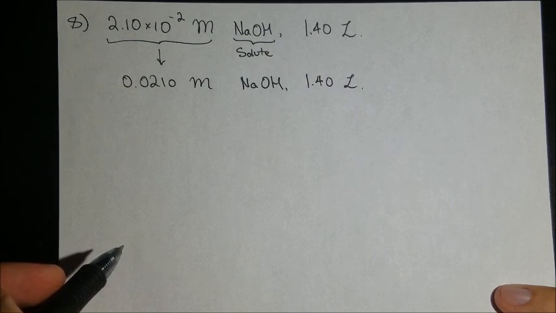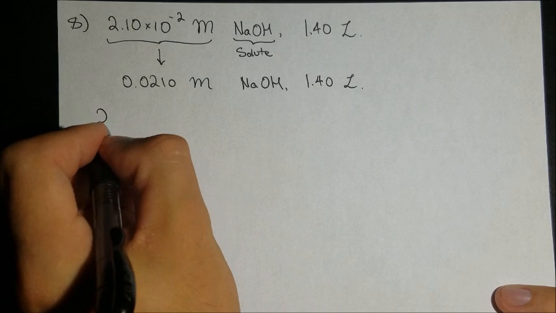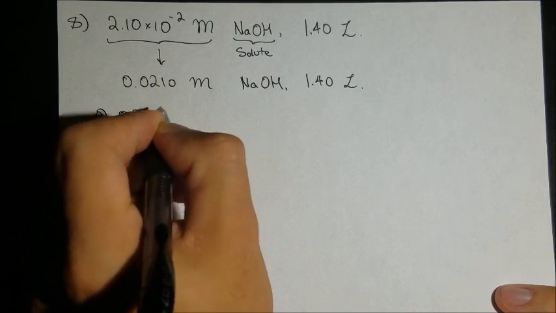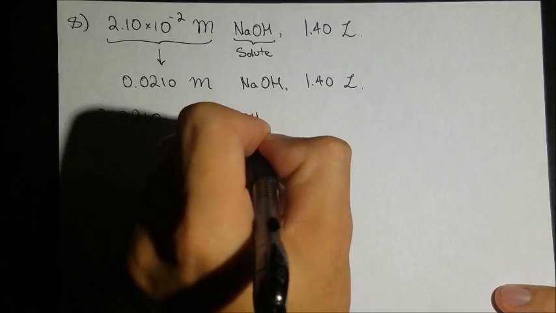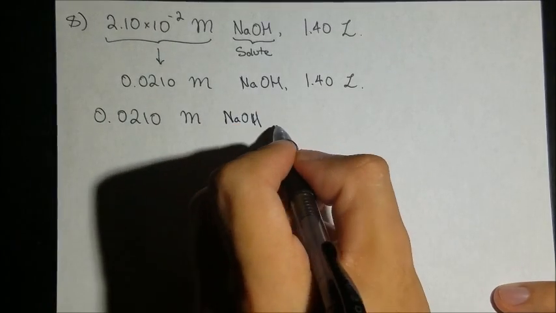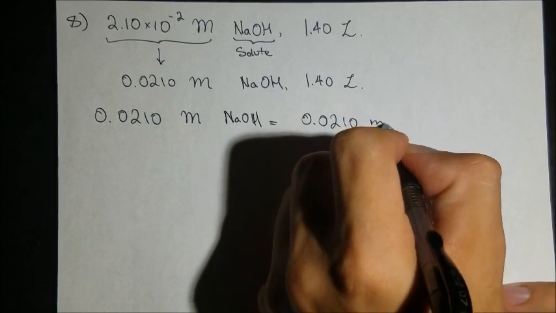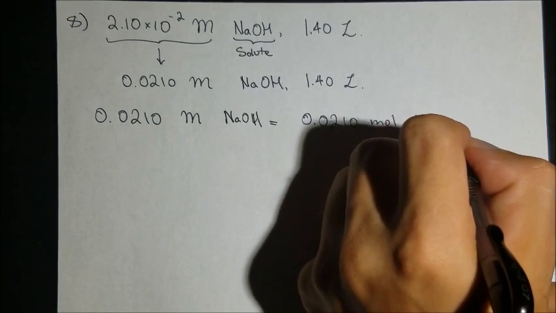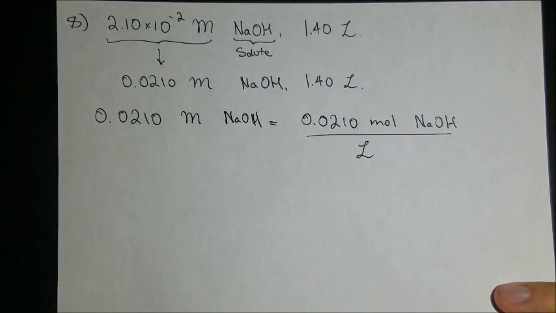So let's take a step back and remember what the definition of molarity is. When we're saying that we have 0.0210 molar sodium hydroxide, let's remember that what we're saying is that we have 0.0210 moles of sodium hydroxide per liter of solution.